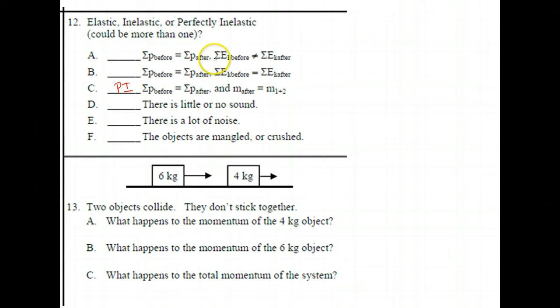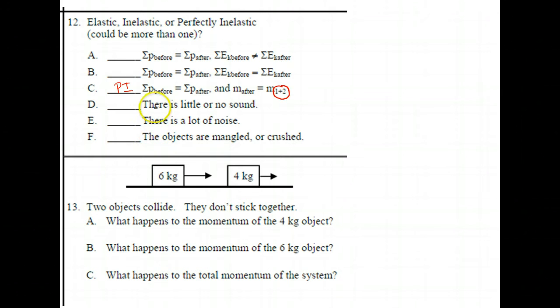And I'm just going to put a PI. It's not a specific abbreviation, but it's hard to write perfectly inelastic into that little tiny space. And you can do the same. But you can see afterwards right here that those two things stick together. Okay.